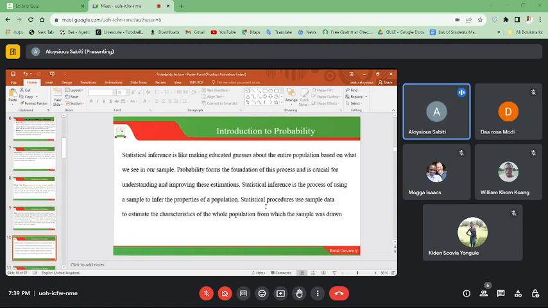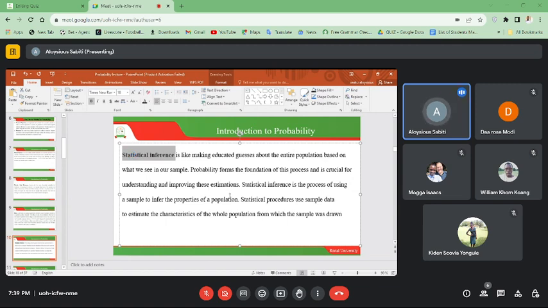So we want to also look at what we call a statistical inference. In this bit of discussing probability, we want to use statistical inference as another key term in the art of probability.